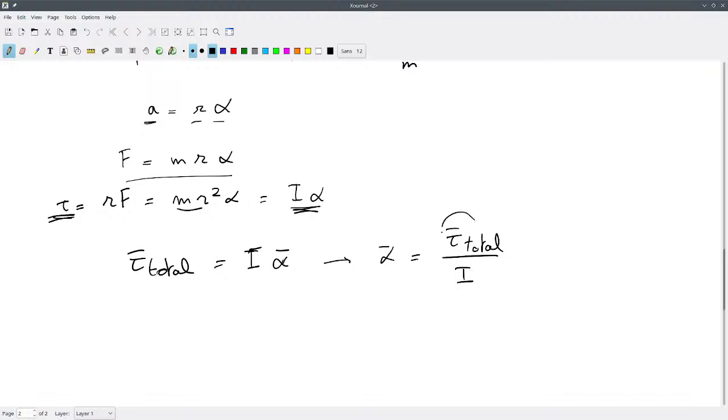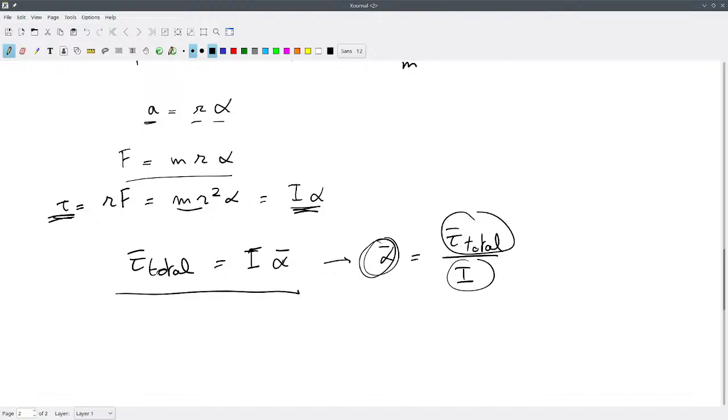So the higher the torque that is applied, the larger the angular acceleration, and the higher the moment of inertia, the smaller that angular acceleration will be for the same torque. So something that has a large moment of inertia, think of a flywheel, which is very heavy and takes a lot of effort to make it rotate, that angular acceleration will be small even if you apply the same torque to it as, I don't know, a simple wooden disc or something.